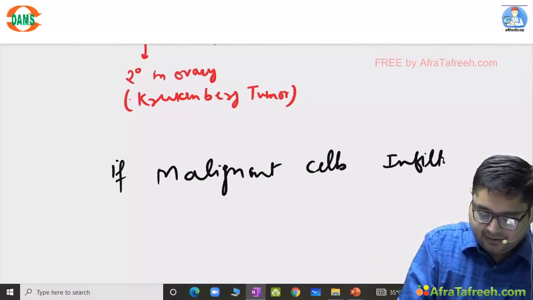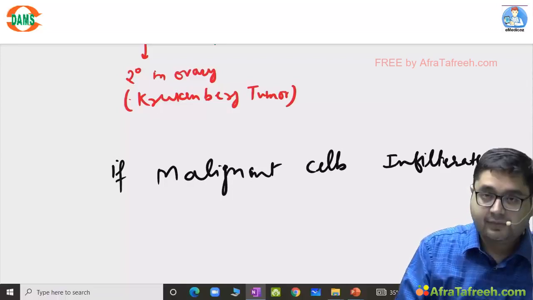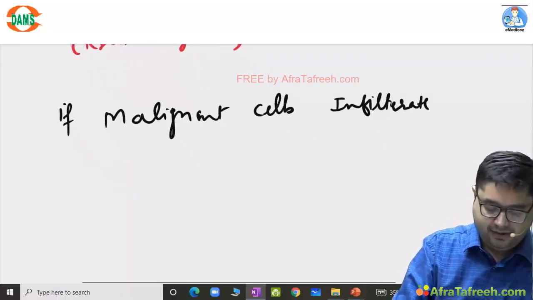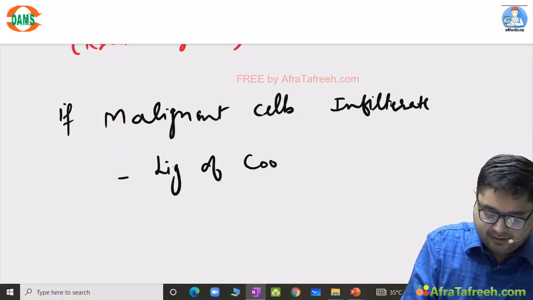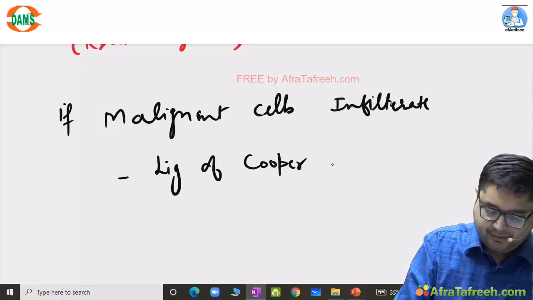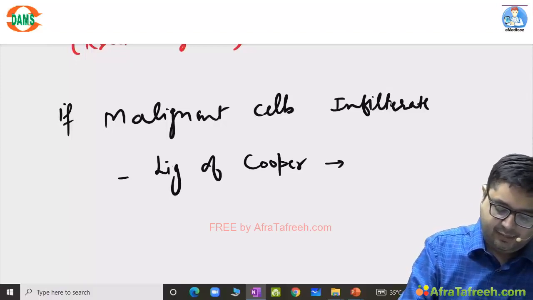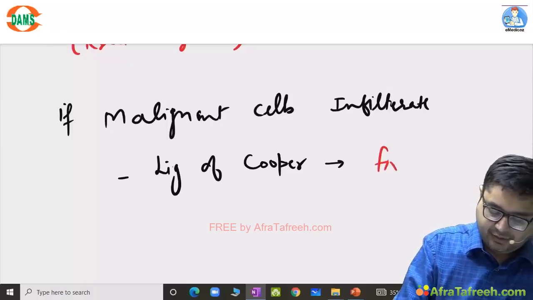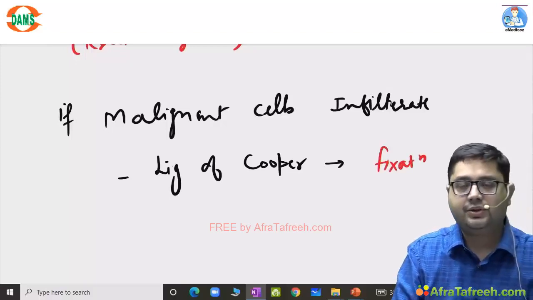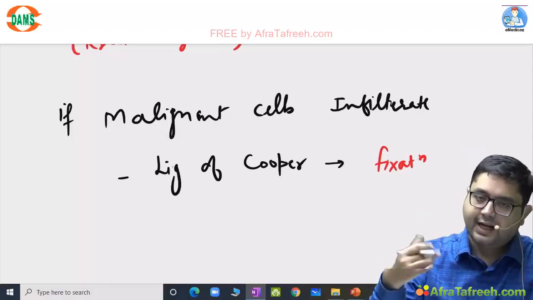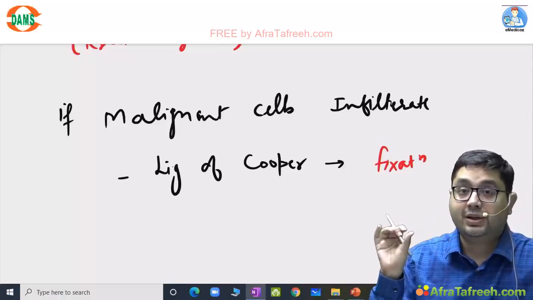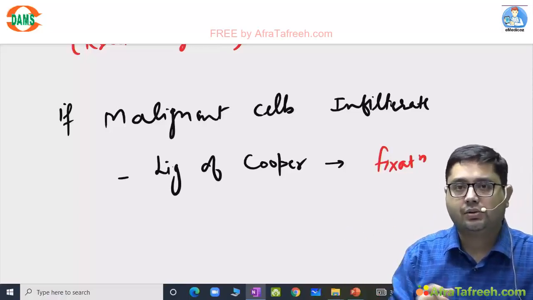If the malignant cells infiltrate the ligament of Cooper, then there will be fixation of the tissue, because normally the breast tissue is mobile in all directions, but if the ligaments of Cooper are involved, the tissue will become fixed and hard also.